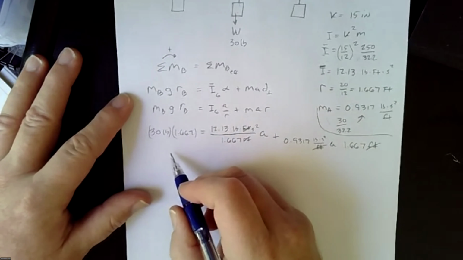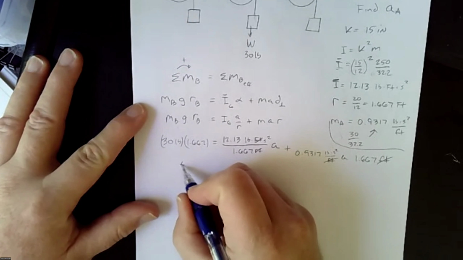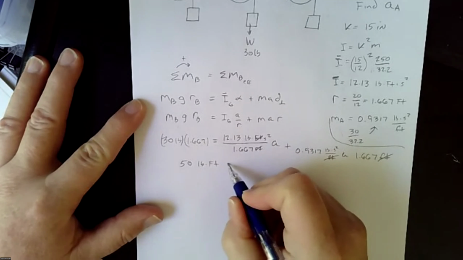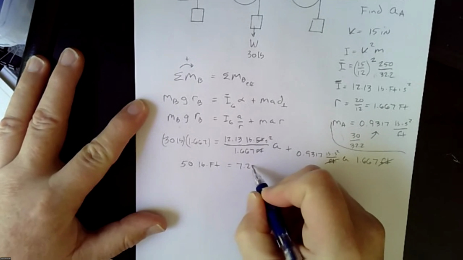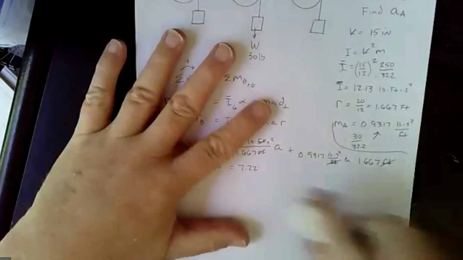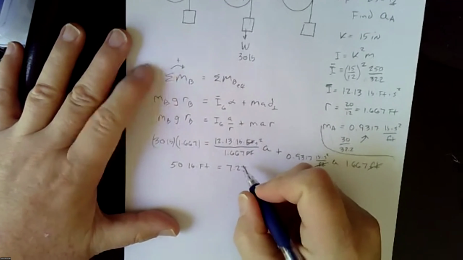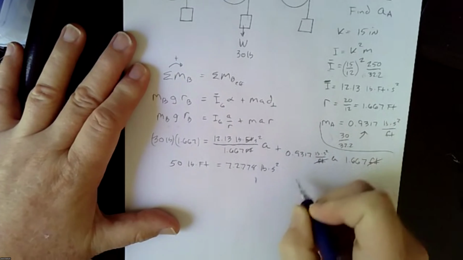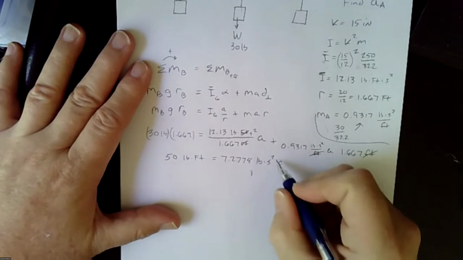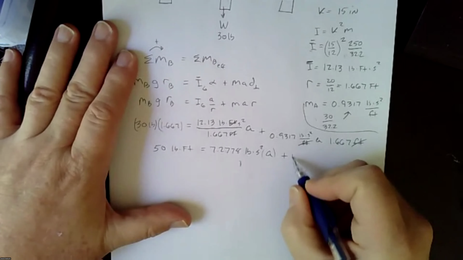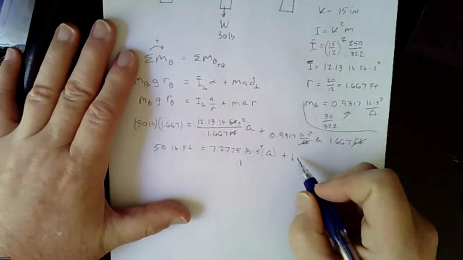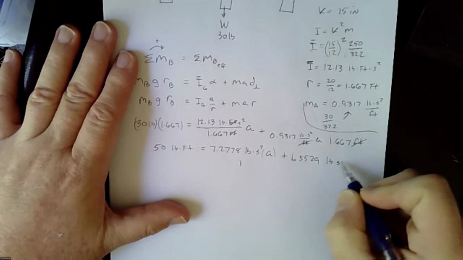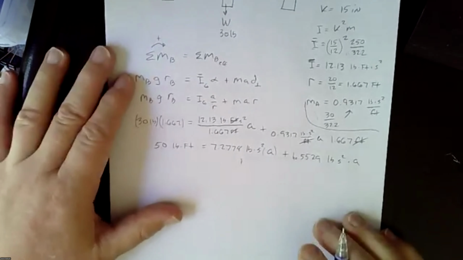So this ends up being 50 pound feet, which equals 7.2778 pound second squared times A plus 1.5529 pound second squared times A. Okay.